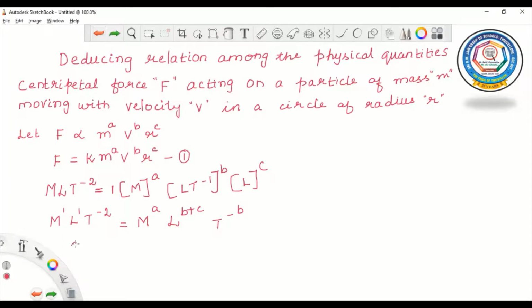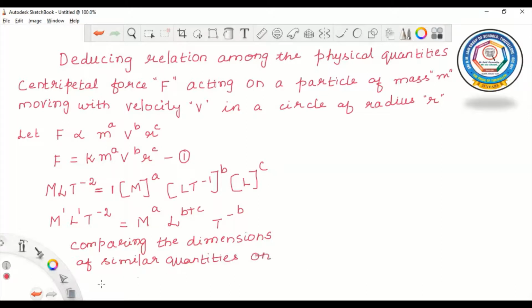Comparing the dimensions of similar quantities on both sides, we get a is equal to 1.